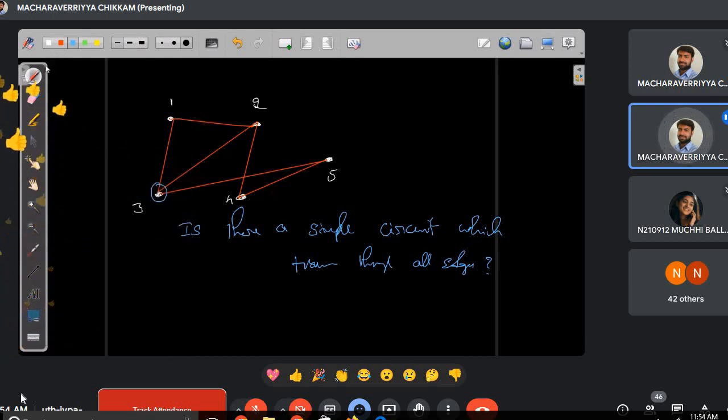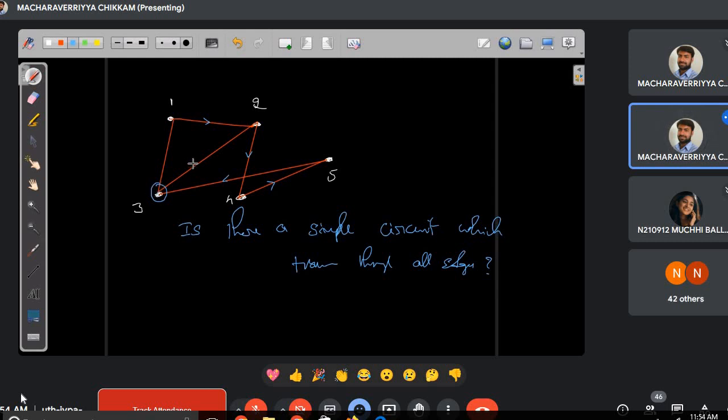But how about a simple circuit which travels through all edges? I would like to start at 1. If I start at 1, I'll go to 2, and then maybe to 4, then to 5, then to 3. But after reaching here there is a problem.